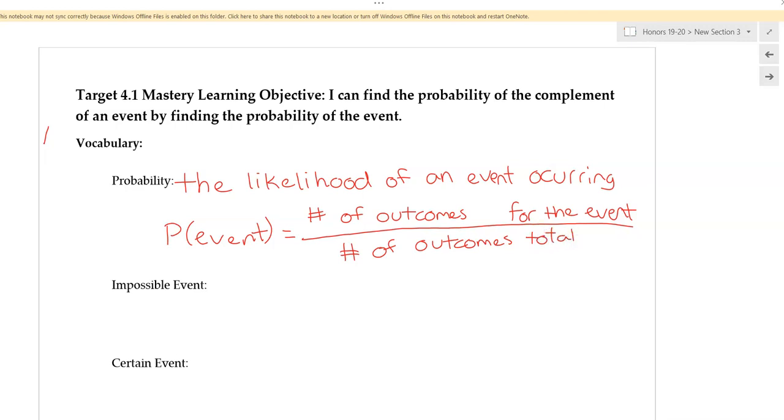Okay, so the number of times that specific event could happen over the number of total things that could happen.